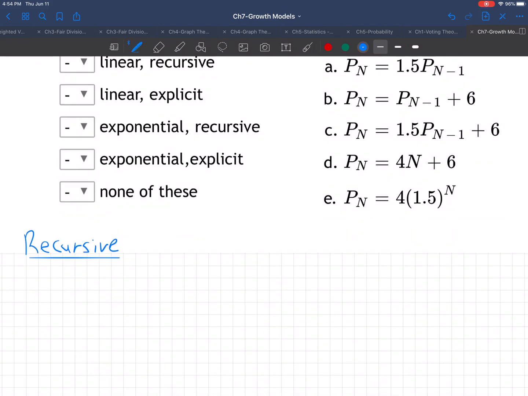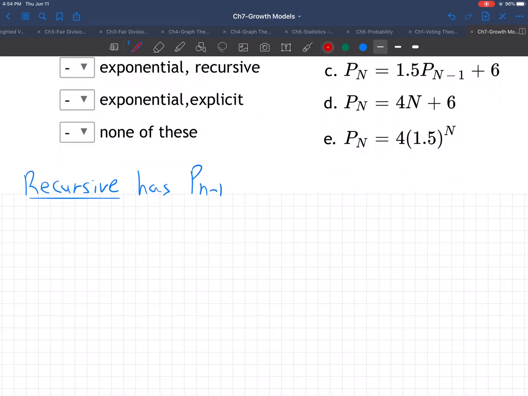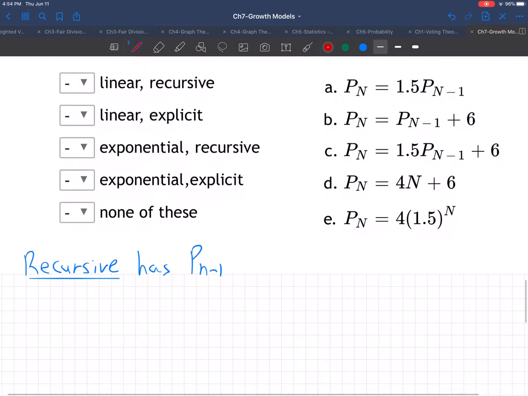Recursive has p sub n minus 1 in it. Whereas an explicit formula, in fact we could probably just put these side by side so we can see the original.